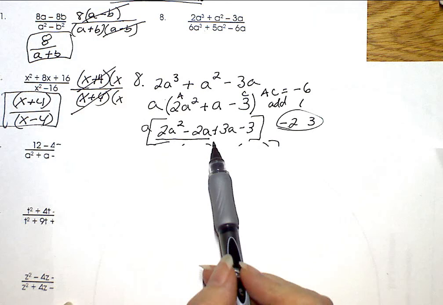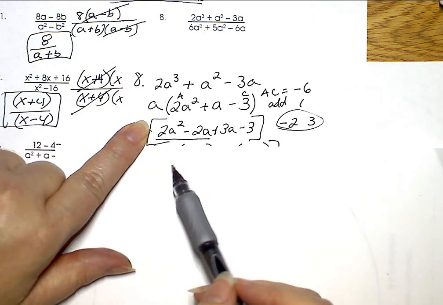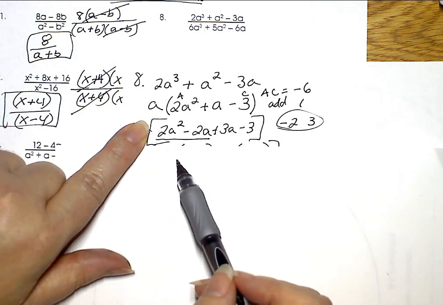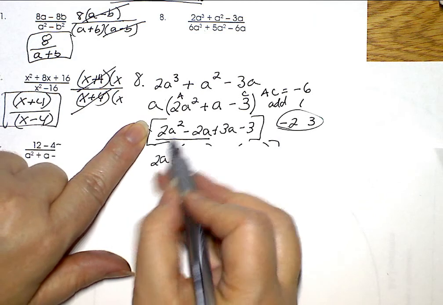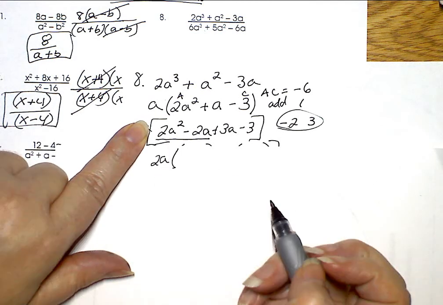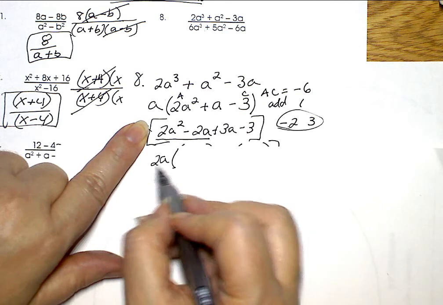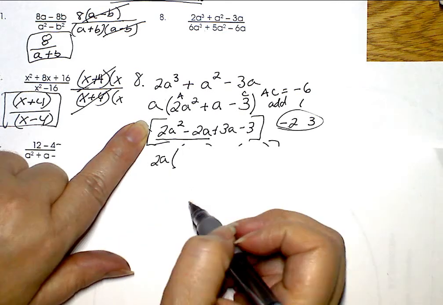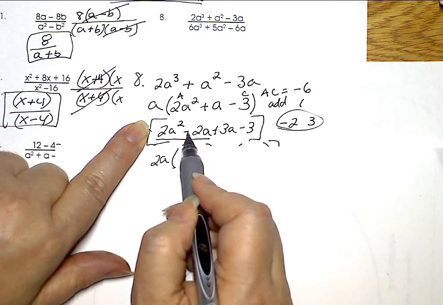Yeah. Okay. So then you look, what's in common with these first two? 2a. So you go 2a times what gives me 2a squared? A. 2a times what gives me negative 2a?